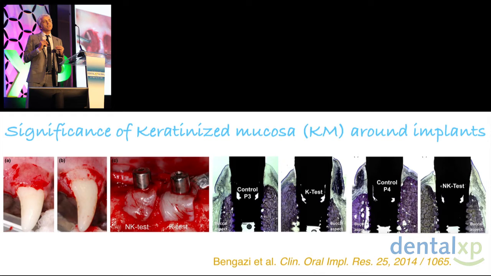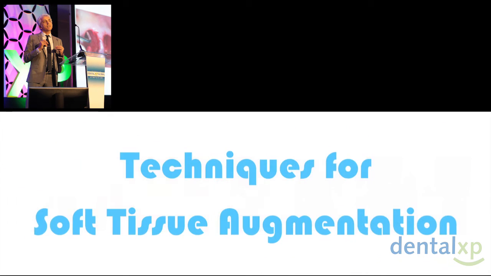So free gingival graft is effective in stabilizing and preventing marginal bone loss. So we do have a therapeutic role in performing augmentation, and that augmentation does more than just restore aesthetics, but it can also maintain the health of the underlying bone.